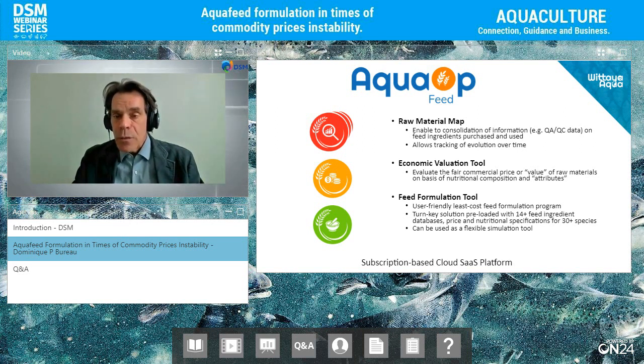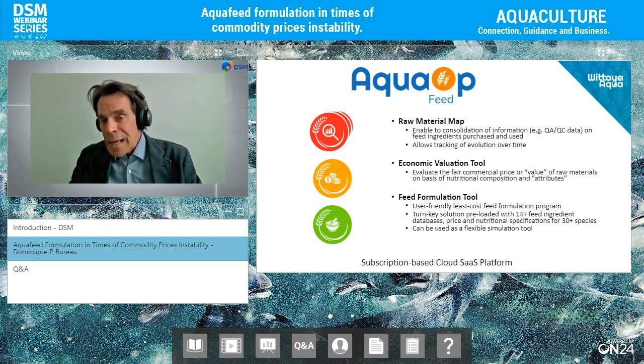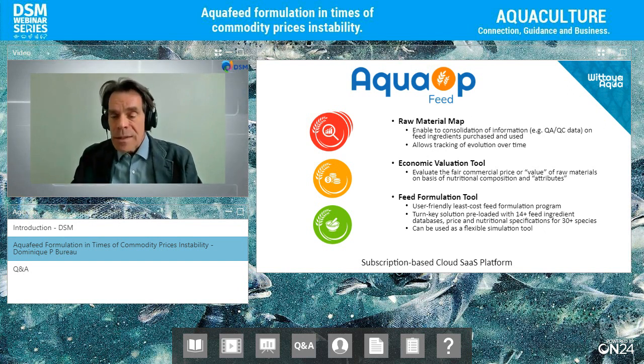So we're trying to find a fair market price for ingredients on the basis of their nutritional composition, and then look at what the market values. Does it give a premium to marine product? Does it give a negative price to animal proteins or something like this? We find this a little bit more wholesome and practical than price shadowing, because for price shadowing, you have to have a feed formulation program.